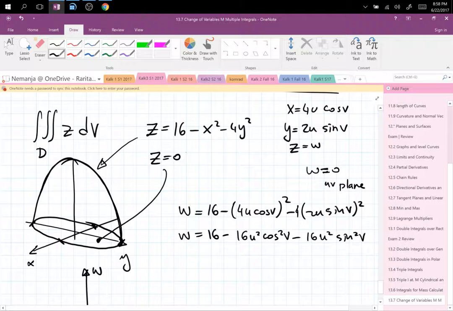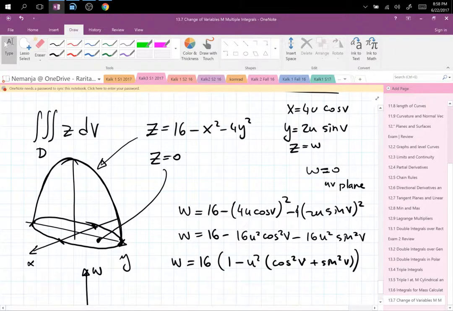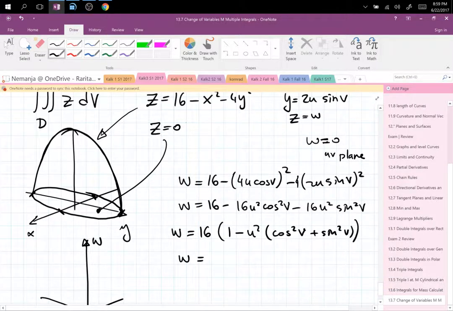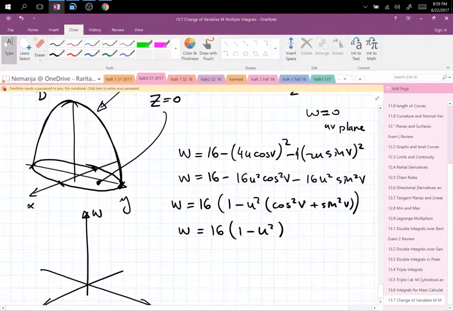You can factor out 16 out of the entire problem and have 1 minus, and now factor out negative u squared, which will give you cosine squared v plus sine squared v. So w is equal to 16 times 1 minus u squared. All of the v's are gone.